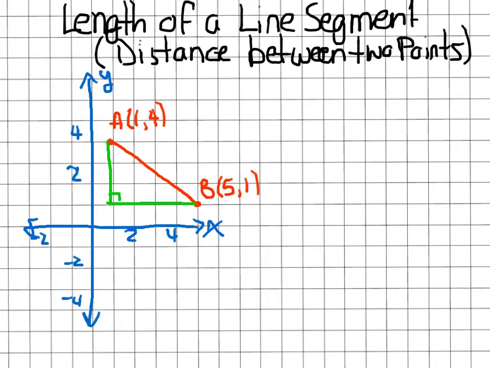If I extend from point A straight down, and I'm going to label this as point C, and then if I go from point C straight across, I can go to point B, and I've created a right triangle.